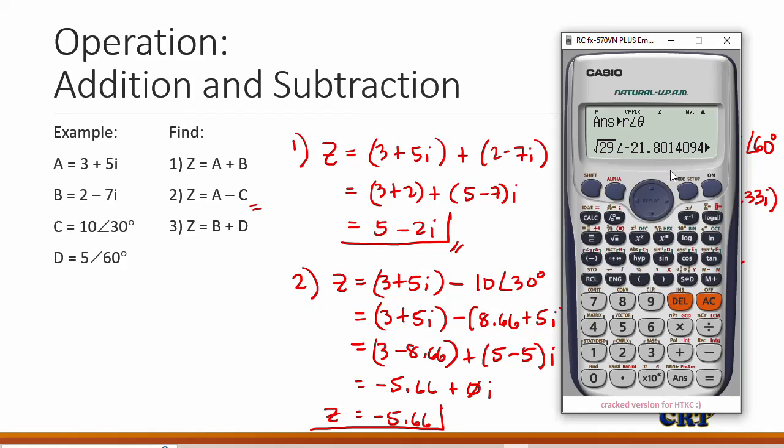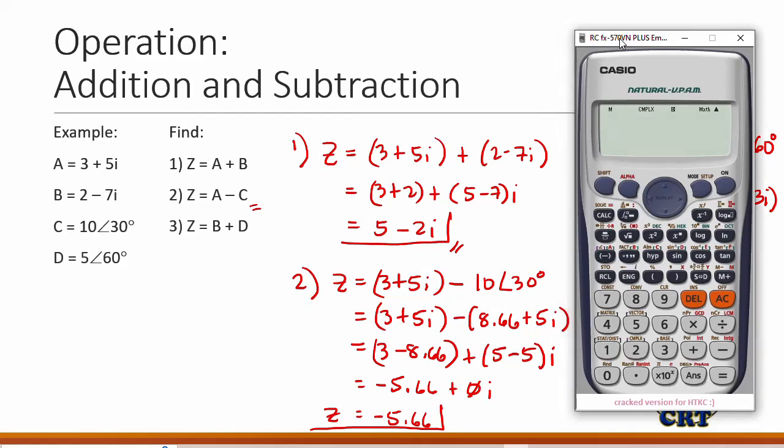Okay? Now for number 2. Let me show you the solution for number 2 using the complex mode of this calculator. So 3 plus 5i, key in that 3 plus 5i. Of course, use the open and close parentheses. Then you can directly input the 10 angle of 30 without converting this to rectangular. So let me do that.